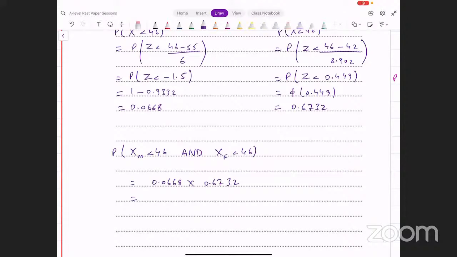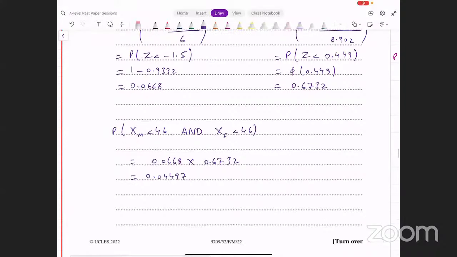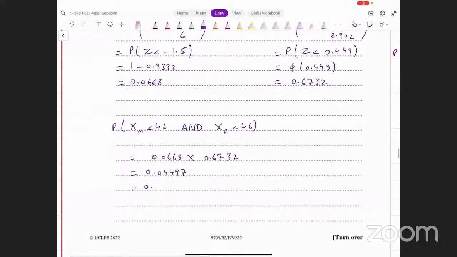That gives me 0.04497, or you could say this is 0.0450. ठीक है, दोनों तरह से लिख सकते हैं. If you want to round it off, you can write it like this, or you can just leave it like this as well. That's your final result.